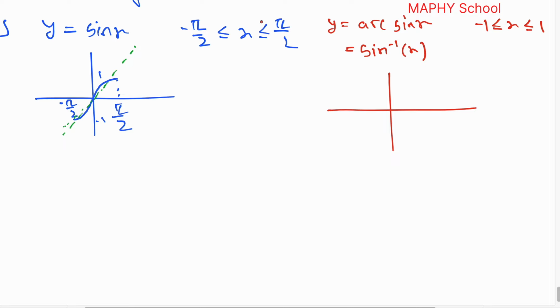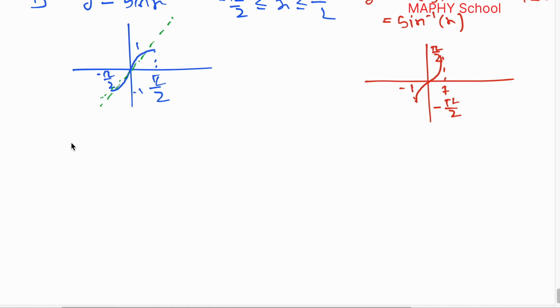So let's remember it is an easy way to draw. You must practice it, then it will be in your graph. So this is minus pi by 2, this is 1, and, sorry, it would not be like this way, it will be this, yes, and it would be minus 1, and this is 1.